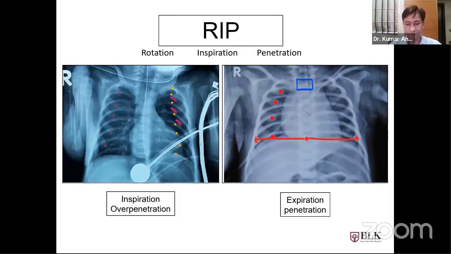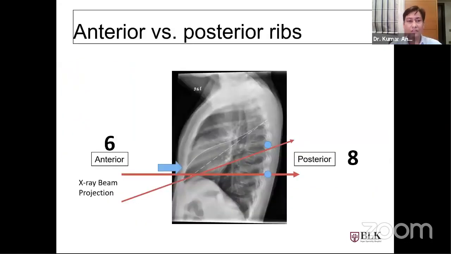it should be the 7th or 8th. Why is anterior rib counting considered superior compared to posterior rib counting? Irrespective of age, especially in the pediatric and neonatal age group, we should always follow the anterior rib count rather than the posterior rib count. Look at this lateral X-ray. Suppose the X-ray beam is going through this line, crossing the upper dome of the diaphragm.